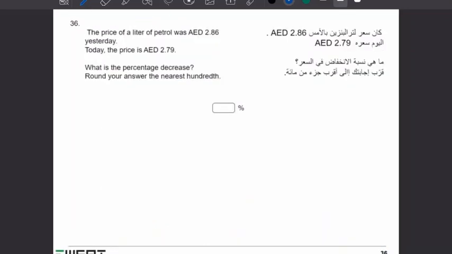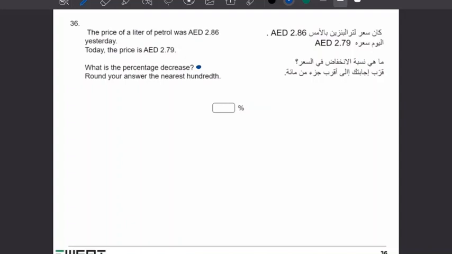For this question, it states the price of a liter of petrol was 2.86 AED yesterday. Today, the price is 2.79 AED. What is the percentage decrease? Round your answer to the nearest hundredth. So we have to find the percentage decrease.